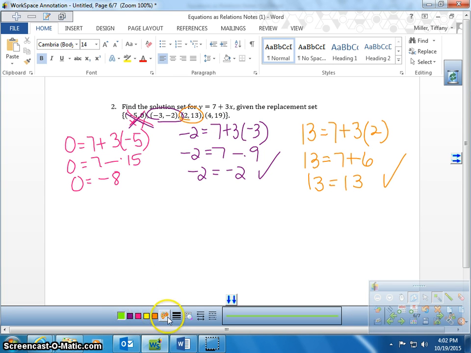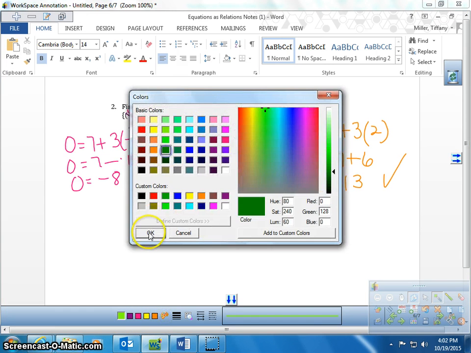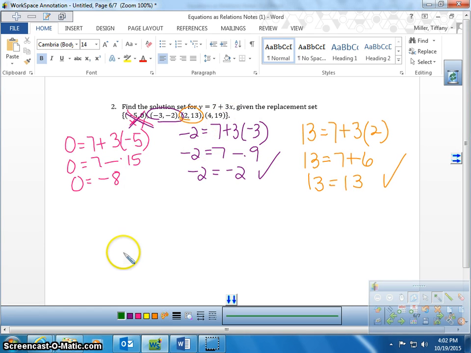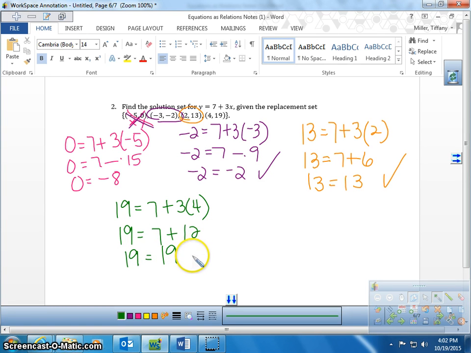And we're going to check one more. Let's see if (4, 19) works. So again, I'm going to plug in 19 for y. 19 equals 7 plus 3 times 4, which is my x. Now I'm going to simplify that. Remember to multiply first. So 19 is equal to 7 plus 12. You add those together and you get 19 is equal to 19.